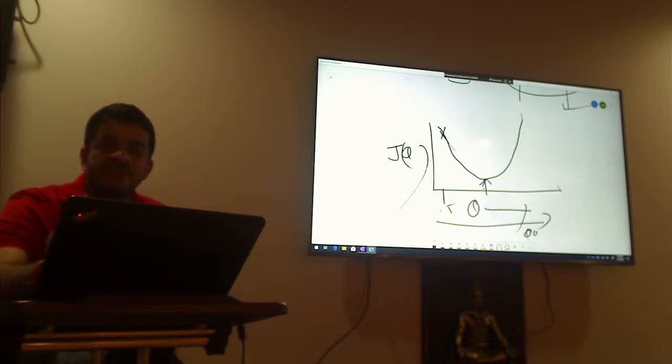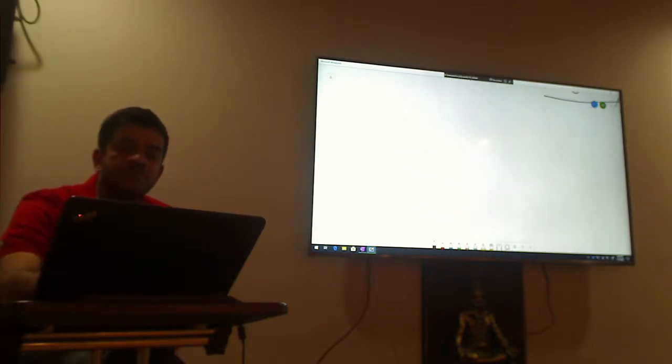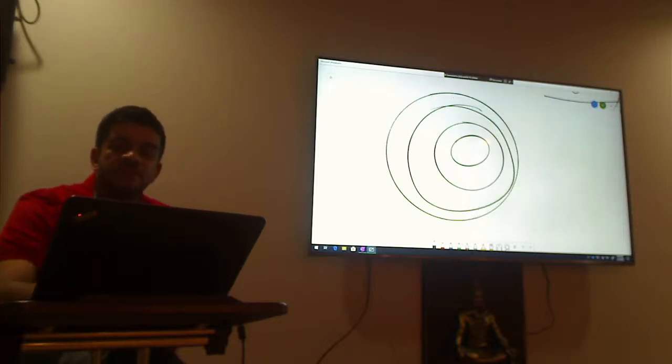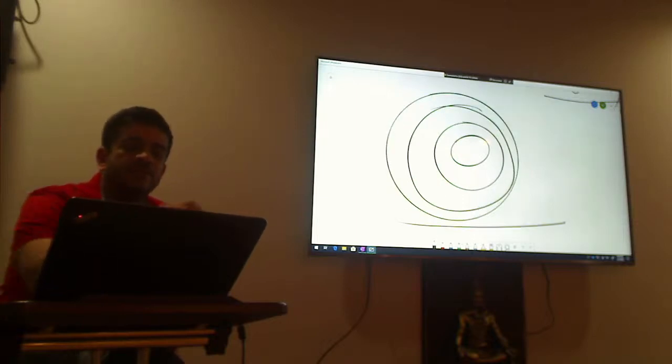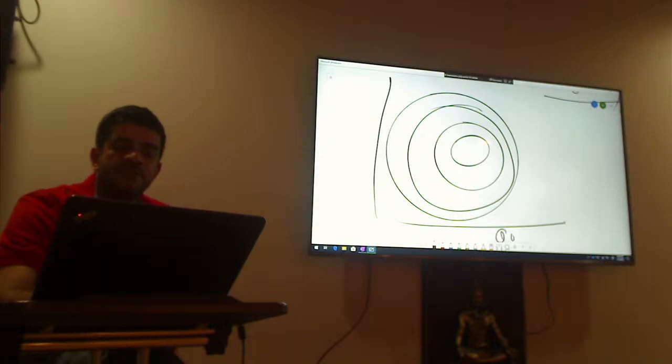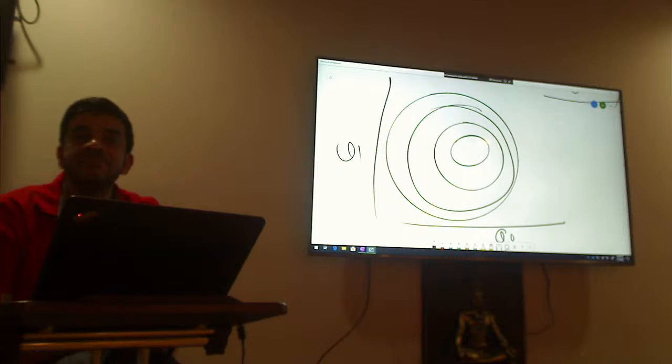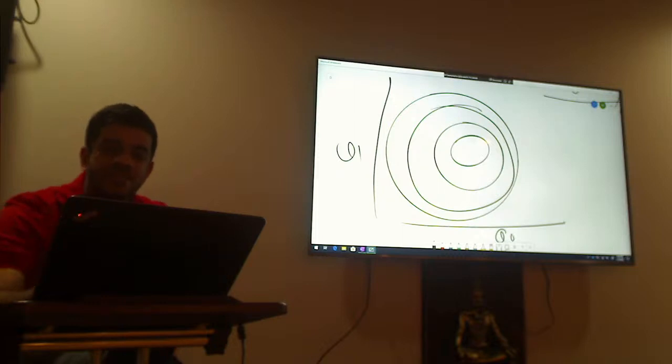So if it is theta 0 and theta 1, what did we do? This was a kind of contour diagram, right? So you said this is theta 0 and theta 1. So simultaneous update means, first you have to find the value of the initial point.